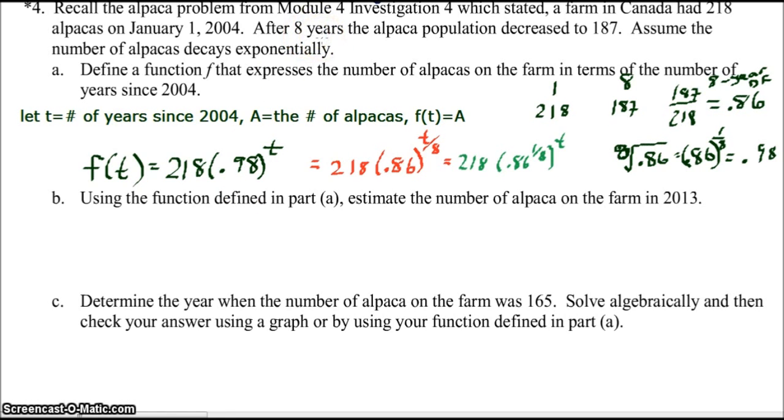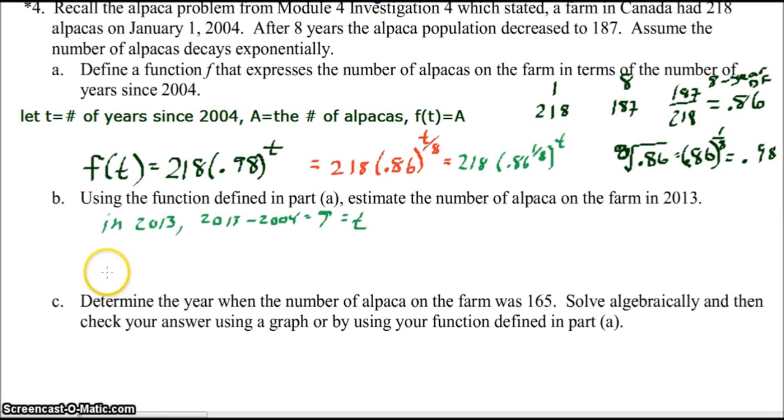Use the function defined in Part A to estimate the number of alpacas on the farm in 2013. Well, in 2013, that is 2013 minus 2004. How many years is that? 9. So that's our value of t.